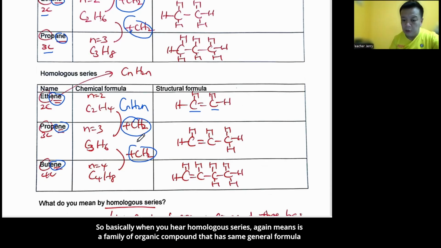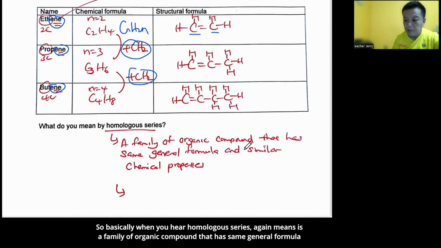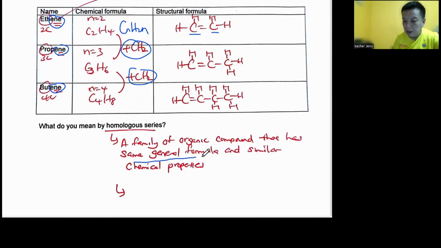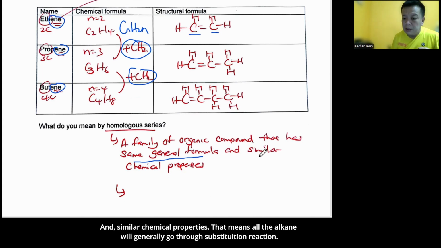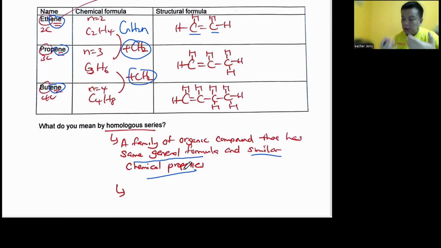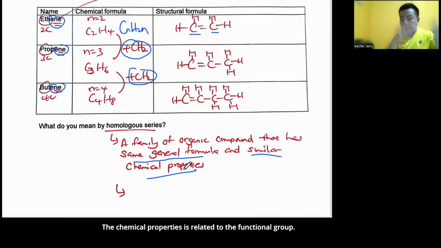So basically, when you say homologous series, again it means a family of organic compounds that have the same general formula. When you talk about alkane, all the alkane will have CnH2n+2 and similar chemical properties. That means all the alkane will generally go through substitution reaction, because they are saturated. The chemical properties is related to the functional group.